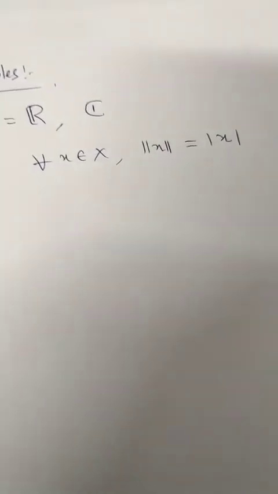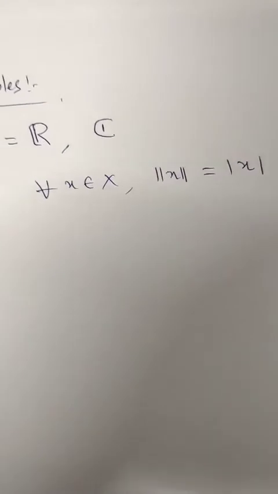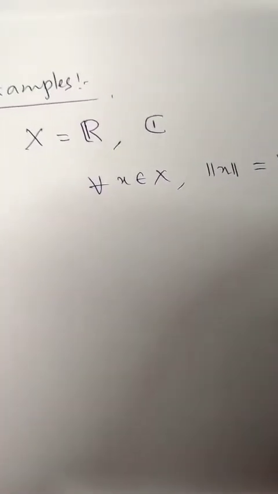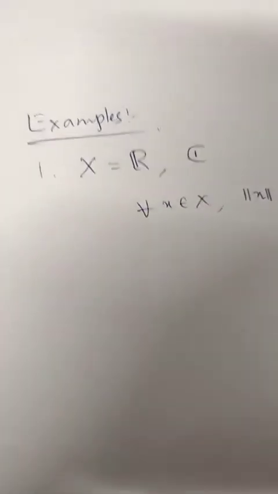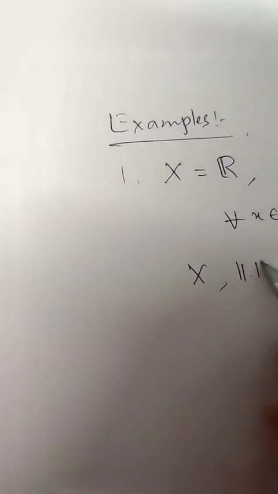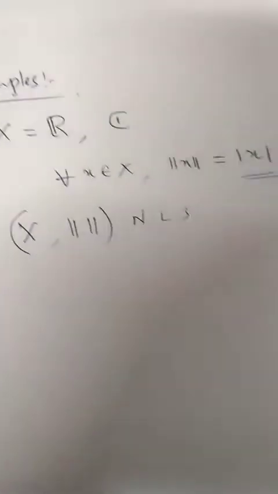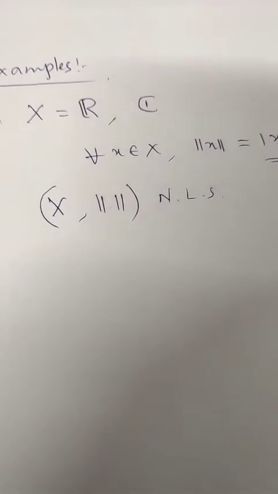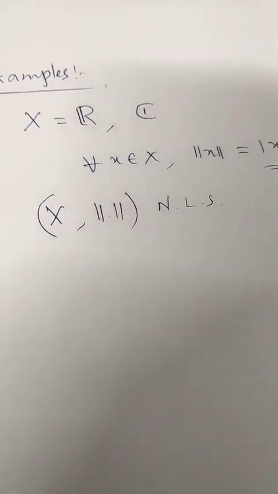Then you know that this satisfies all the conditions of a norm, and so X, that is R or C, together with this becomes a normed linear space. You can verify the properties of a norm for this.